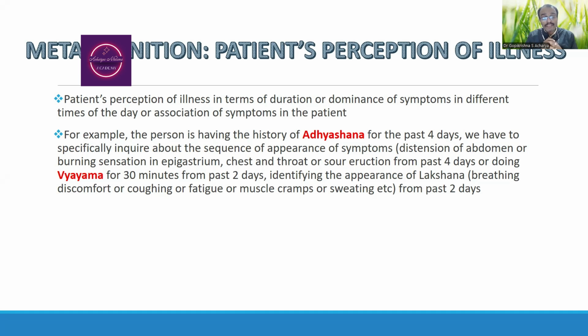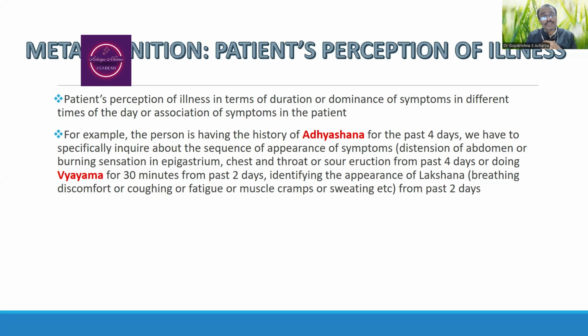If the person has burning sensation in the chest or throat, we say the person has Pitta dosha increase. Sour eructation, we say the person has Pitta dosha increase. So we need to know the exact duration of exposure to Nidana Sevanam, and what Lakshana they are producing. That has to be linked properly. Let us say one more example.